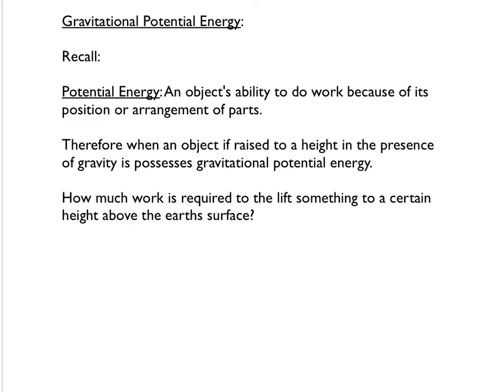When we're looking at problems relating to gravitational potential energy, we want to calculate how much work is required to lift something to a certain height above the Earth's surface. So we're going to derive this equation. We know that work is equal to the dot product of force and displacement.